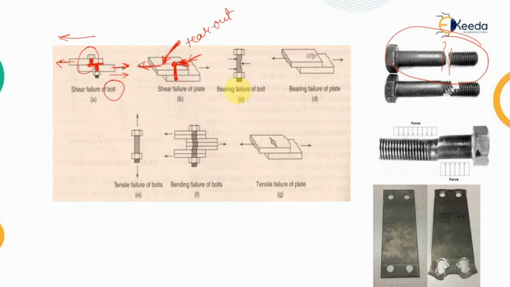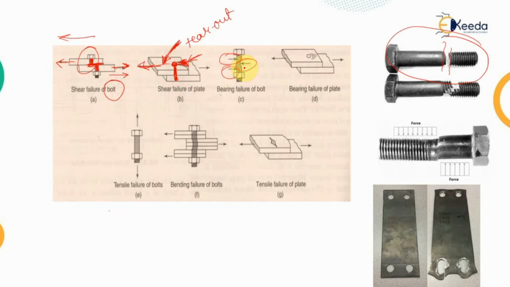The next type of failure is the bearing failure of the bolt. In this, when the bolt is subjected to shear force in different directions, because of the different shear forces applied on the bolt, the bearing action or the bearing area provided by the bolt will be varying, because the top portion is in compression from the left direction, while the bottom portion is also in compression because of the force from the left direction, but the middle part is in compression because of the force from the right direction.